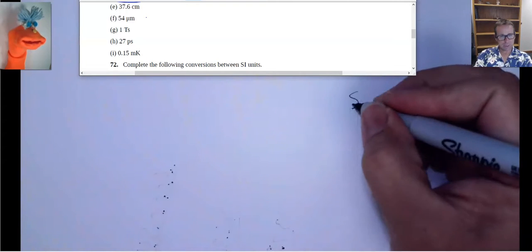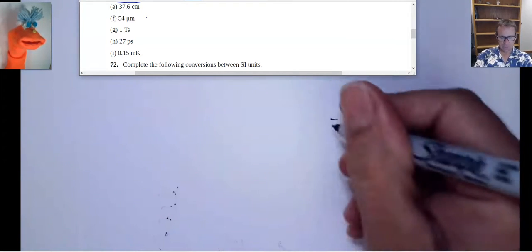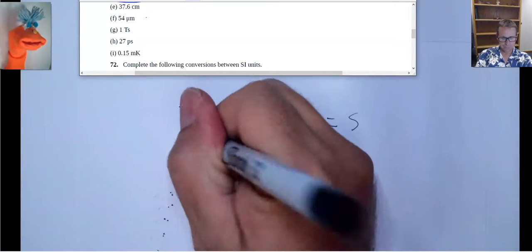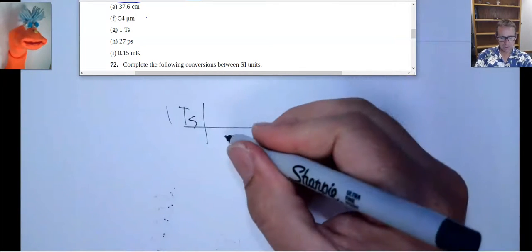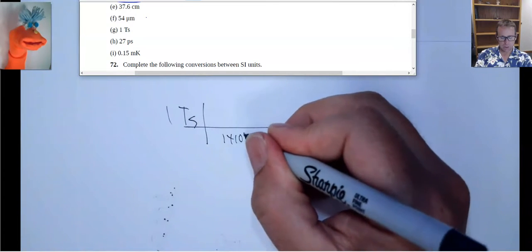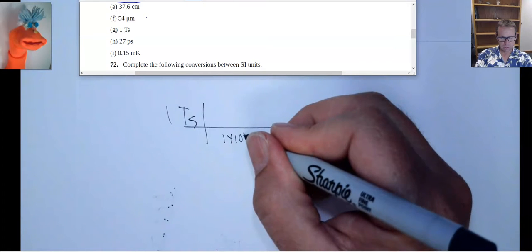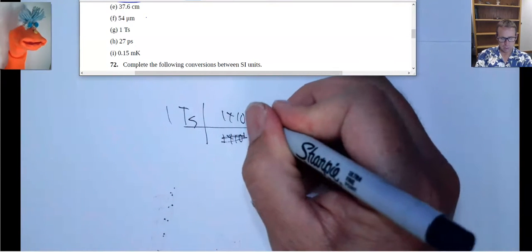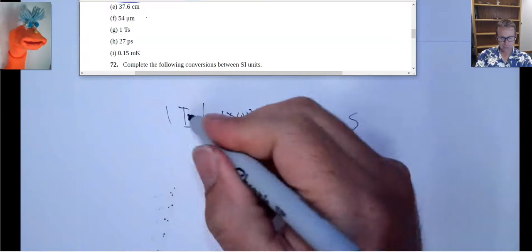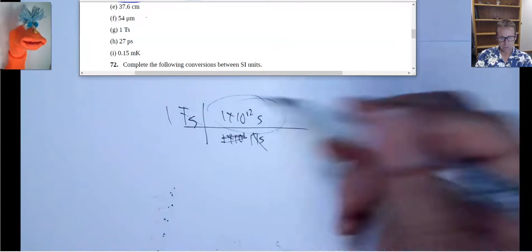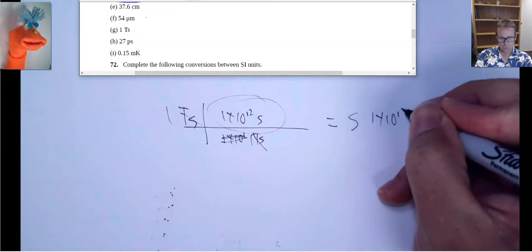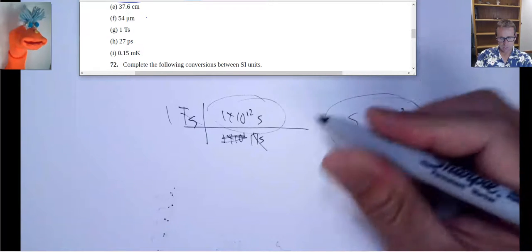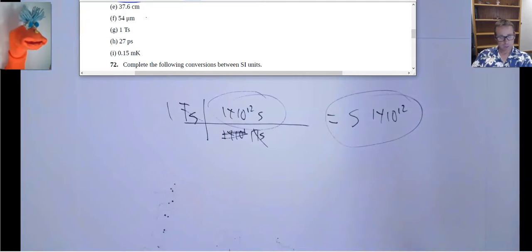We want to know seconds, that's our SI unit, and we're in teraseconds. 1 terasecond is 1 times 10 to the 12th seconds. Teraseconds cancel out, so I have 1 times 10 to the 12th seconds for every terasecond.